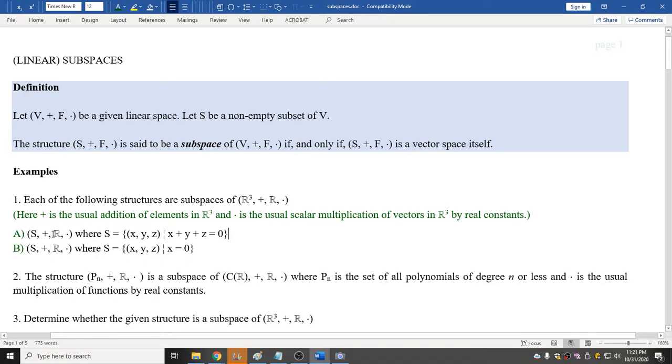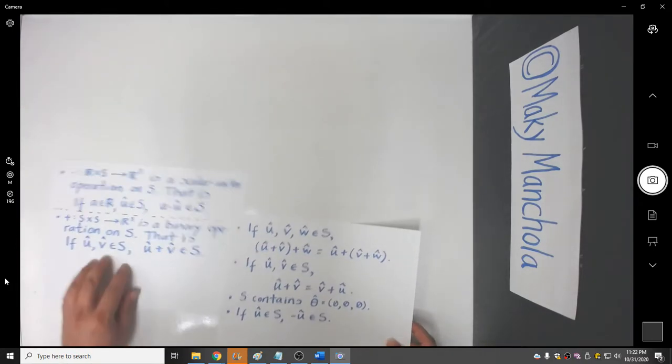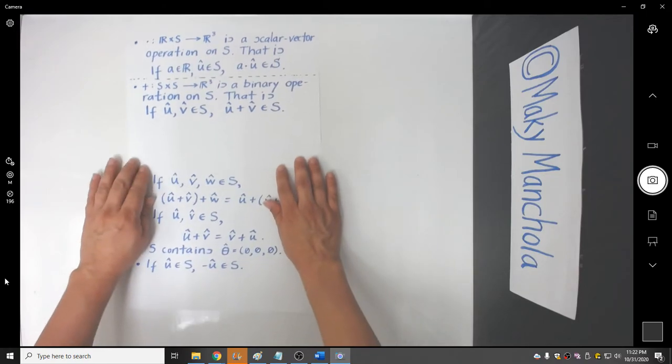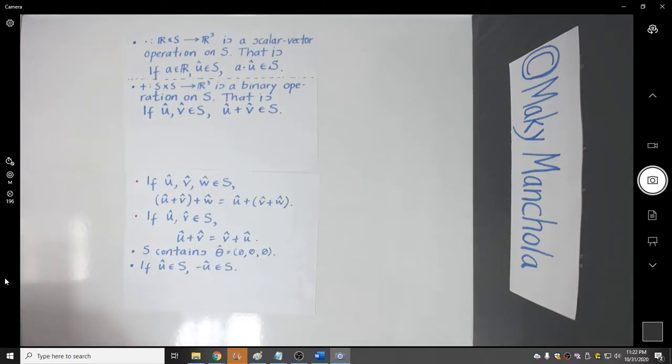In order to establish that the structure with S is a subspace of R3, we will need to verify that the structure with S is itself a linear space. That is, we need to verify all properties of a linear space are satisfied by the structure with S. I'm displaying here the various properties that would need to be verified.